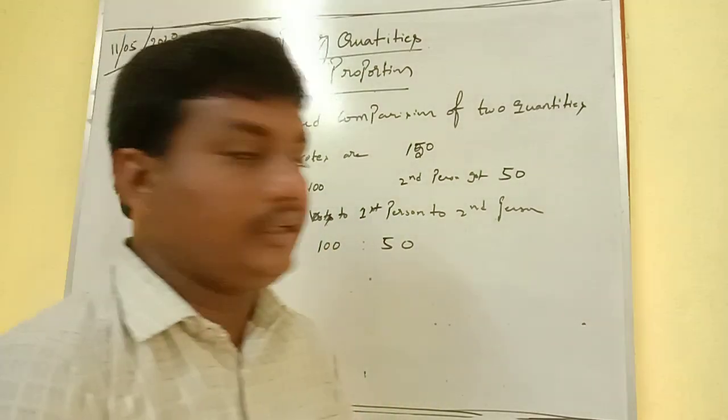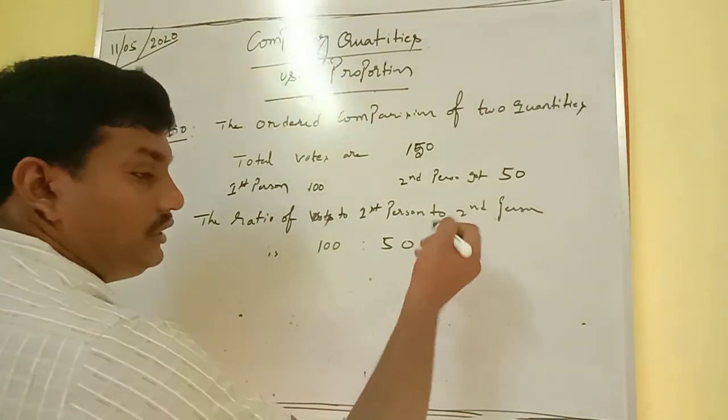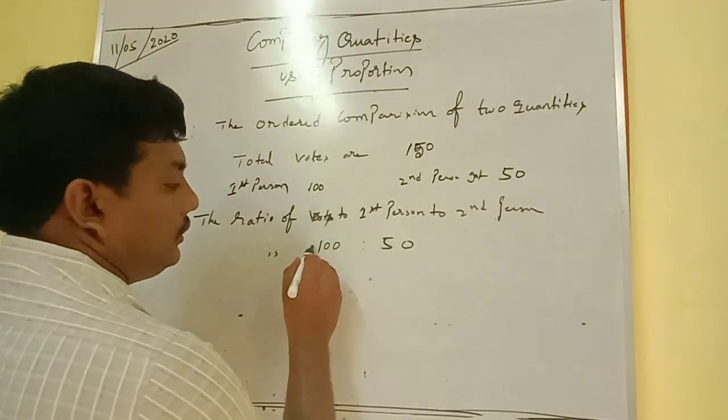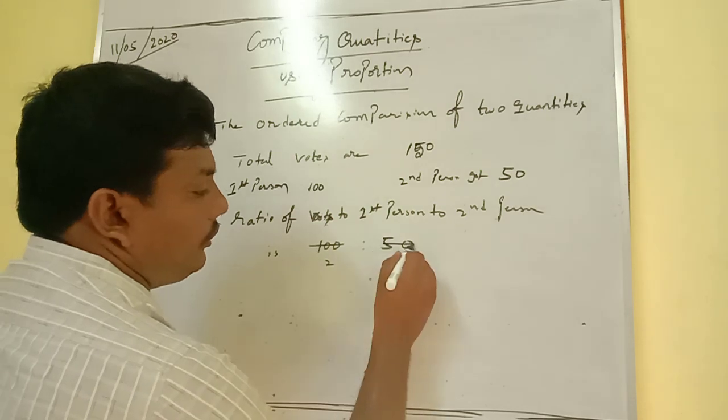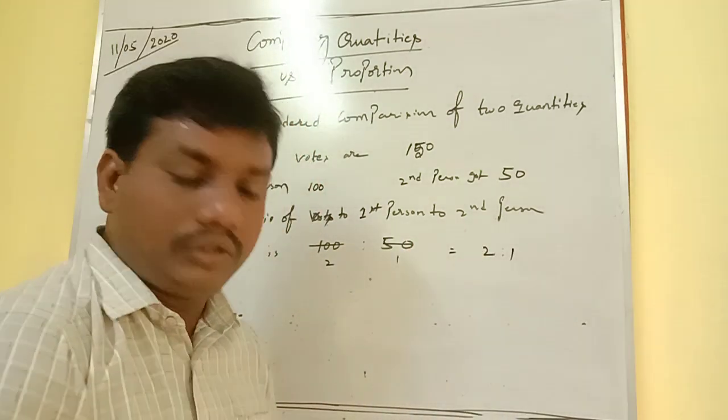We can further calculate it: 50 twos are 100 and 50 ones are 50, so this can be written as 2 is to 1.